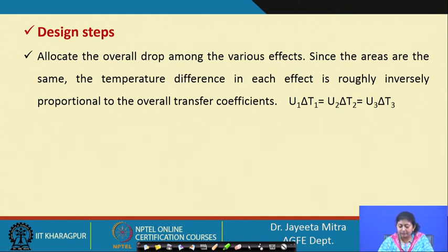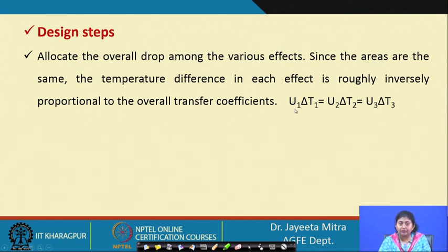So, U1 delta T1 equals U2 delta T2, which equals U3 delta T3, where U1, U2, U3 are the overall heat transfer coefficients in the first, second and third effect, and delta T1, delta T2 and delta T3 are the temperature differences in the 3 effects respectively.